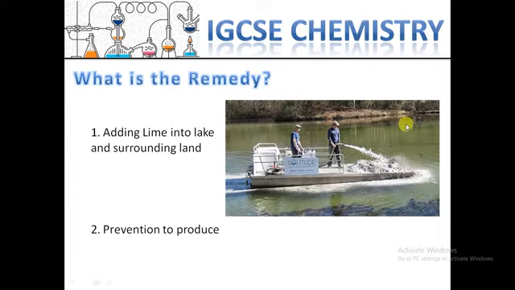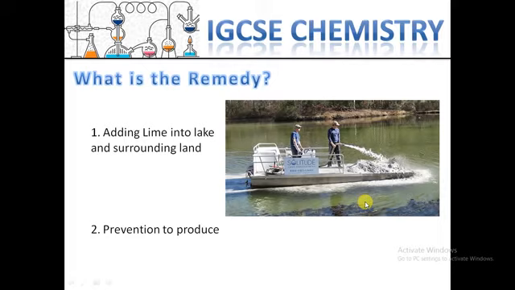If, for example, the lake here is acidified, we need to add an alkaline or base solution to neutralize the acidity. Lime is a chemical that we can add to the acidic solution. We can either add it directly to the water, or add it to the surrounding land also.